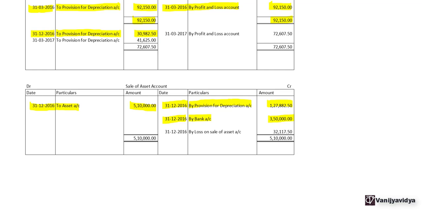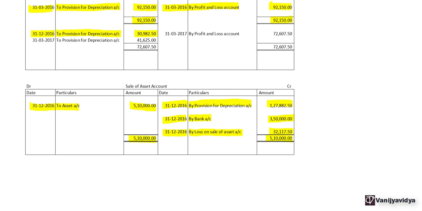But now the entry on 31st December 2016 will be loss on sale of asset account debit to sale of asset account. So on 31st December 2016, by loss on sale of asset account 32,117.50.